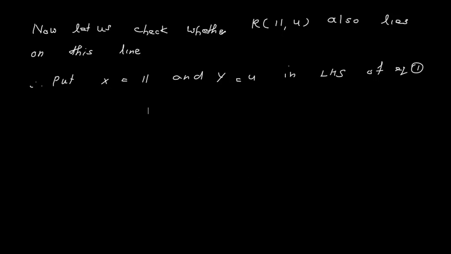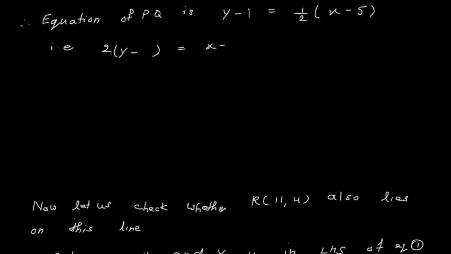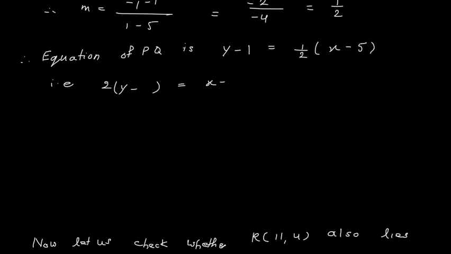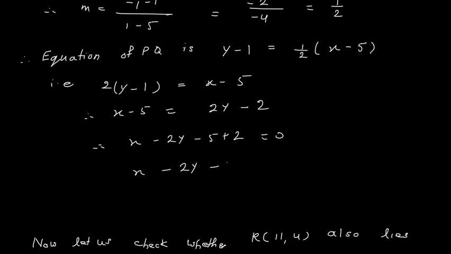Let us delete. So here, 2 times y minus 1 equals x minus 5. So x minus 5 equals 2y minus 2. Therefore x minus 2y minus 5 plus 2 equals 0, that is x minus 2y minus 3 equals 0.